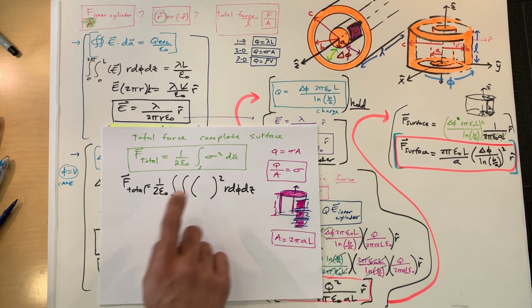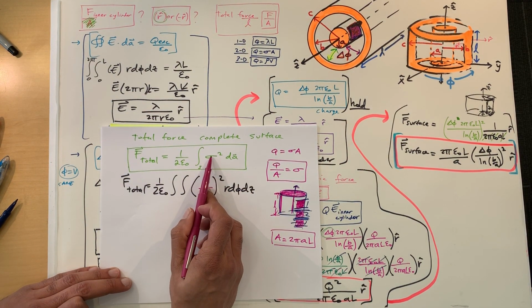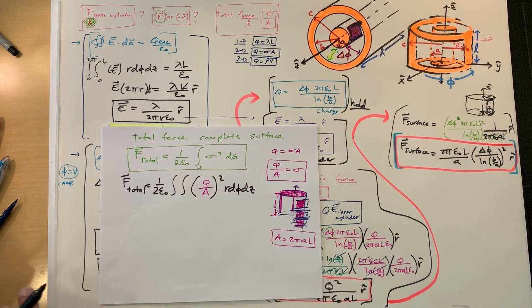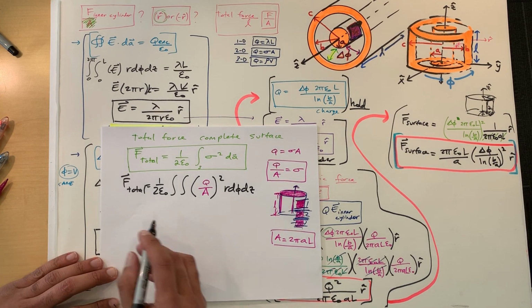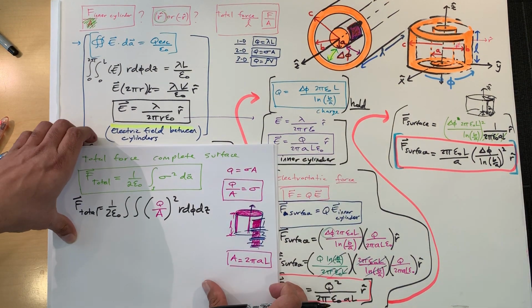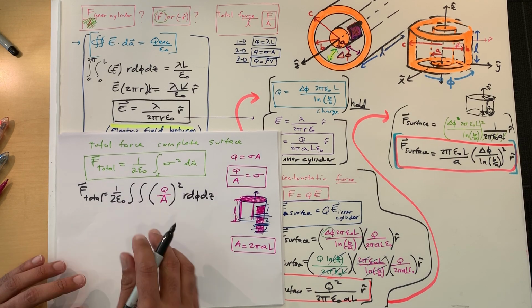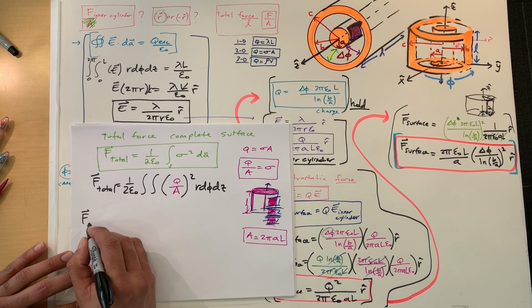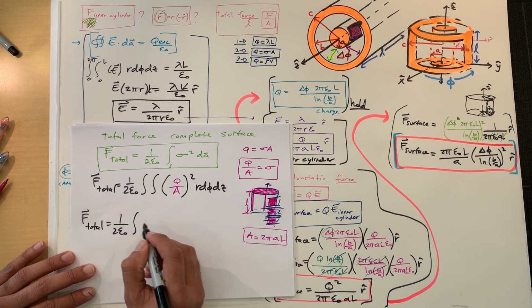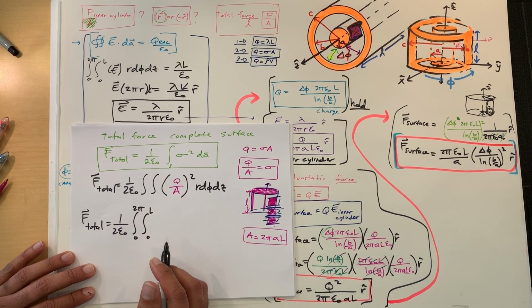Inside here, we're going to have q over A. So we switched our sigma representation to charge over area. Now let's plug in what we have for q, which is this here, and then what we know for area of a cylinder. So we have F total equal to 1 over 2 epsilon naught. This first integral is from 0 to 2 pi. This is from 0 to L.